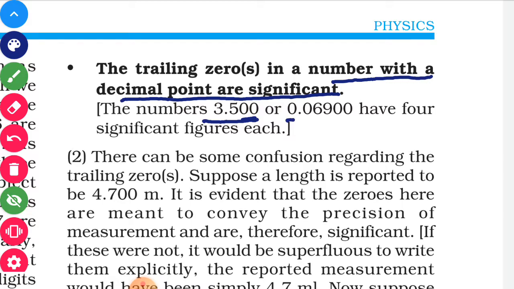Here the 0 before the decimal point and the 0 after the decimal point are not considered. Then 1, 2, 3, 4, that is 6900. So we have to consider these 4 digits, so it has 4 significant figures.